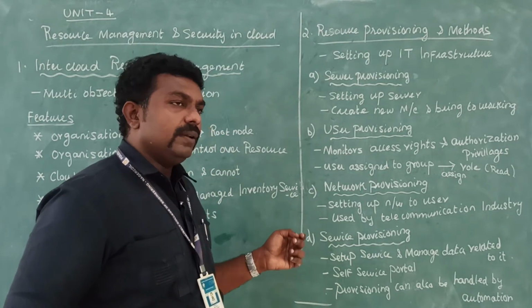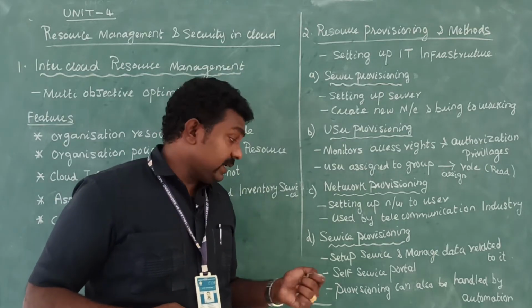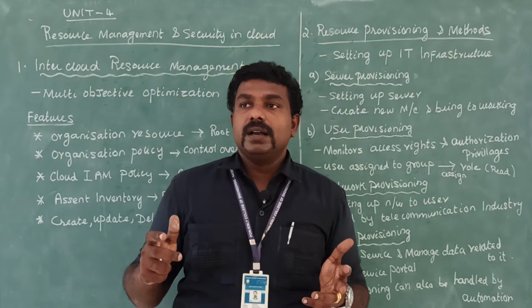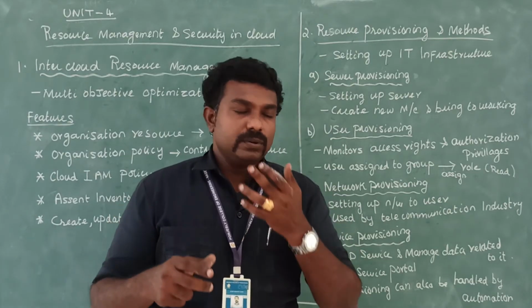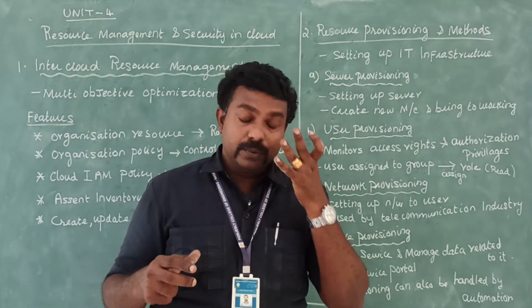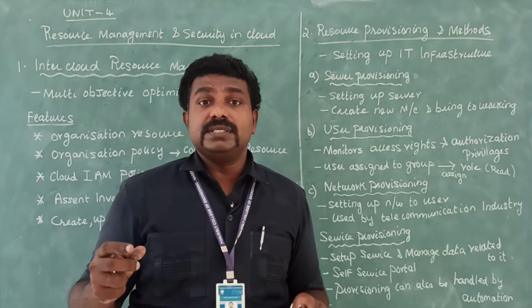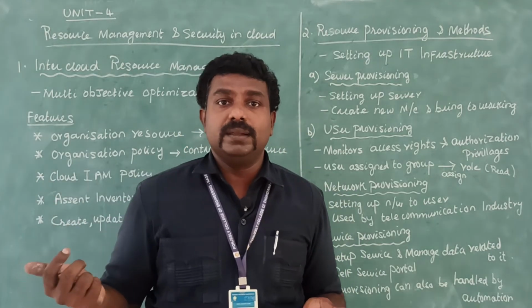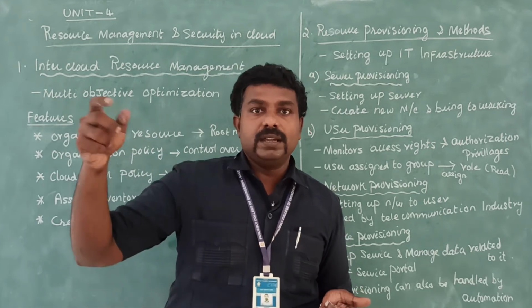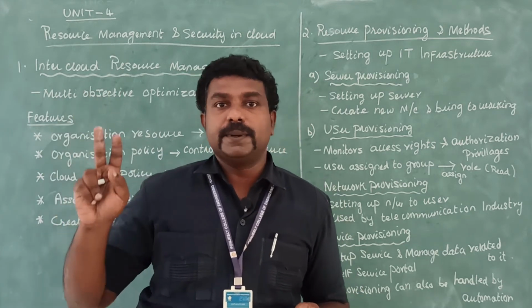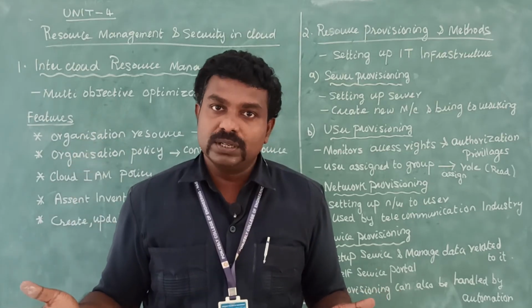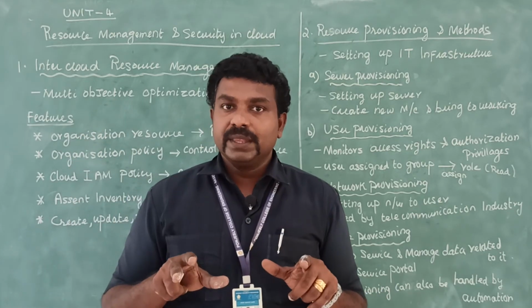Here we have two kinds of things, like a self-service portal. For example, if you want to book a gas cylinder, it will ask for your mobile number, and you have to enter your mobile number. Of course, the IVR will be there: press 1 to book a gas, press 2 to cancel. If you press 1, your gas has been booked. This is called a self-service portal.